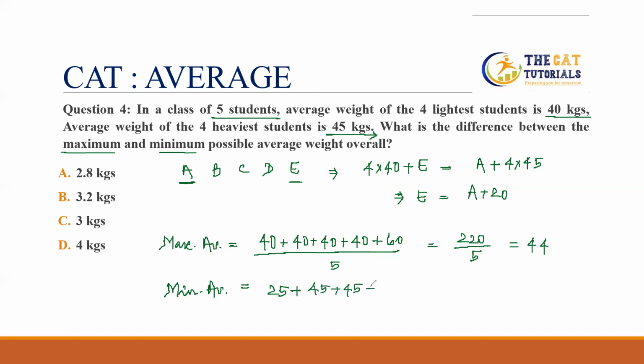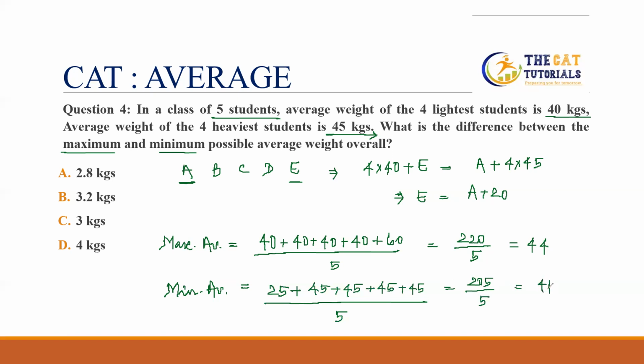Again, this is divided by 5. This equals 205 upon 5, which is equal to 41.